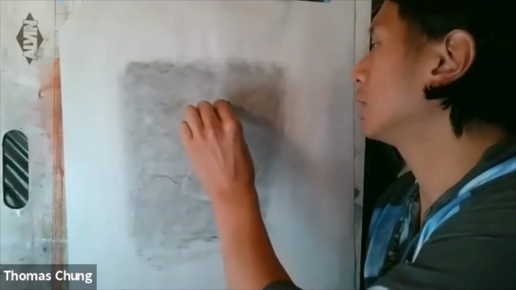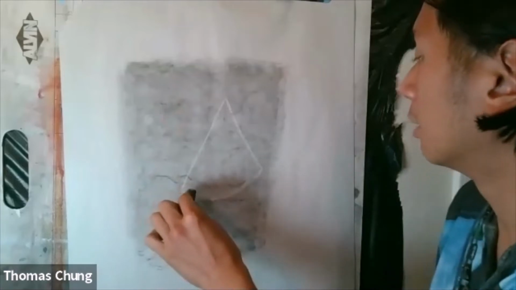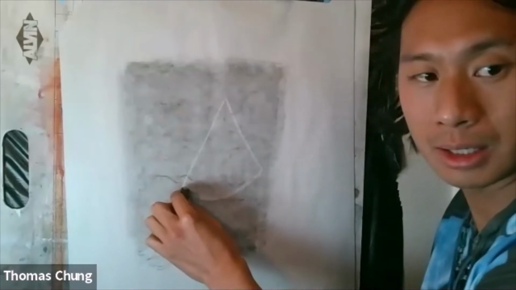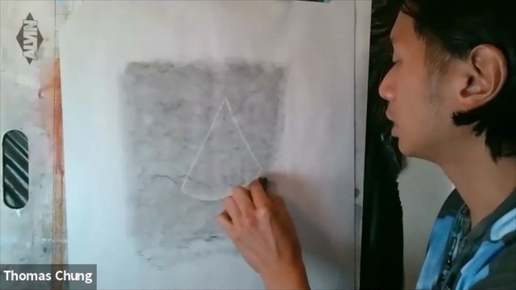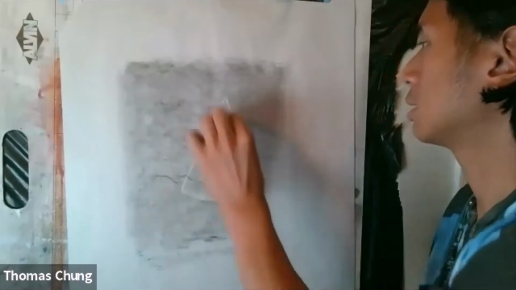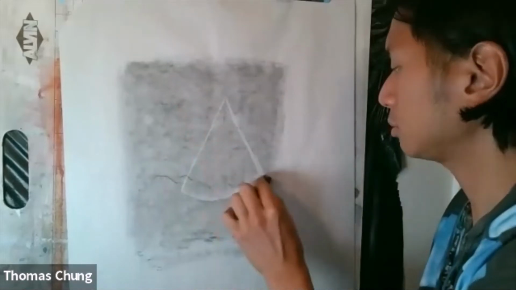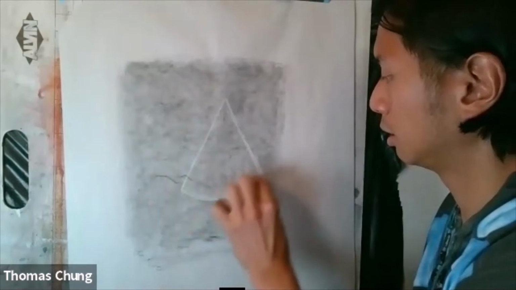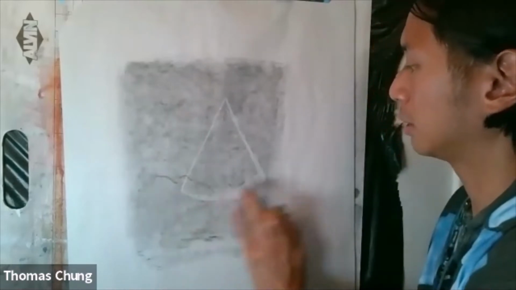So now that I'm not happy with the line work, I'm going to check it. The left and right side of the cone should be at an equal place. And so this needs to come down. Okay.